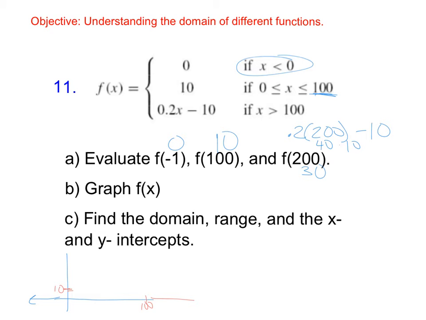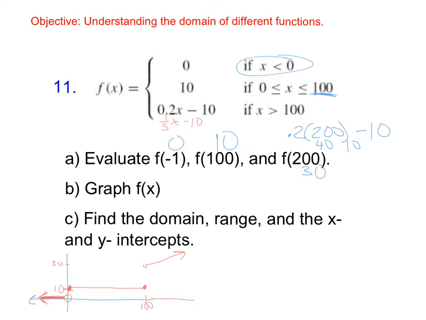So from less than 0, we have a horizontal line. From 10 to 100, we also have a horizontal line at 10. When we plugged 100 in, we got 30. So 30 is, say, here. And it's just a line that's 1/5 x minus 10. So a slope of a fifth.